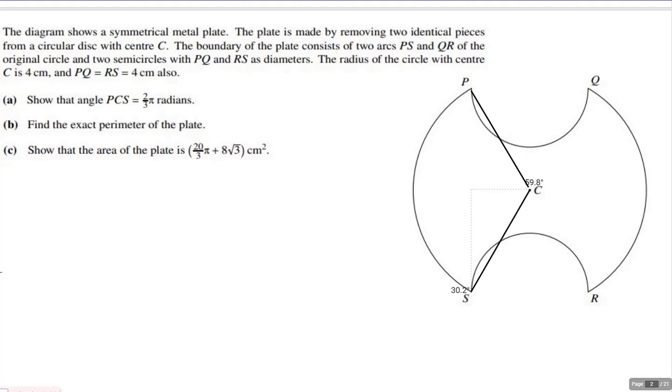We're going to go here. We're going to go here. I can't remember if I need this or not. We're going to put this here. And we know that this is 2/3 pi, right?